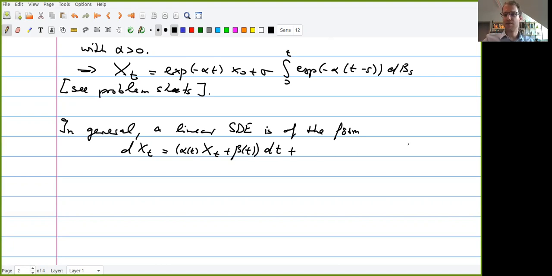So this is the drift term, and now I have the volatility, the diffusion part, with this function phi, and then the function theta dB_t.